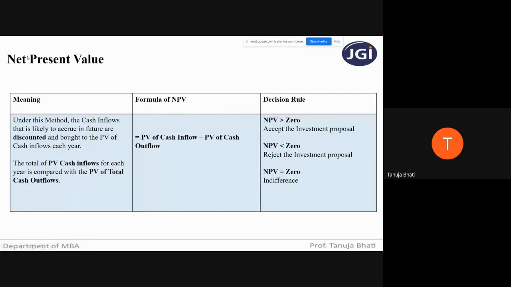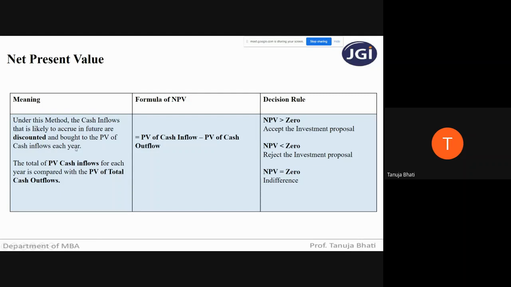So let us understand under the net present value technique, how do we make a decision regarding a particular investment. First let us understand the meaning of this technique. Under this method, the cash inflows that are likely to accrue in future are discounted and brought to the PV of cash inflows each year.